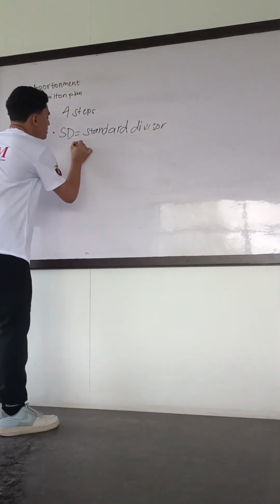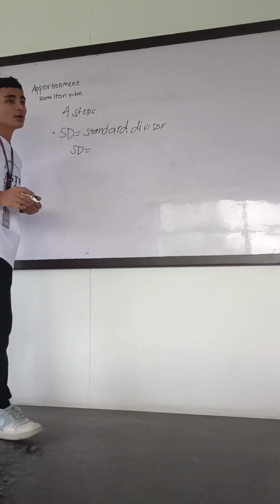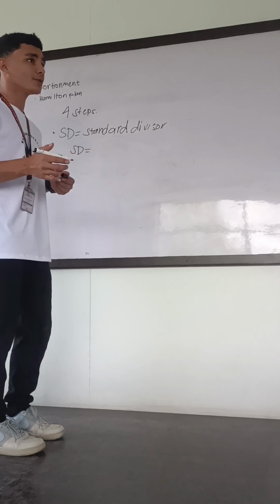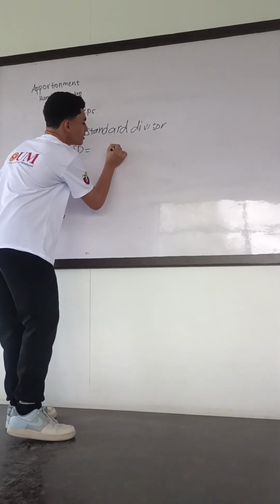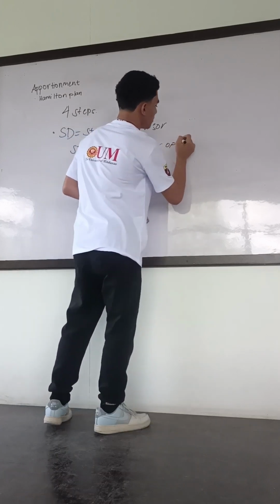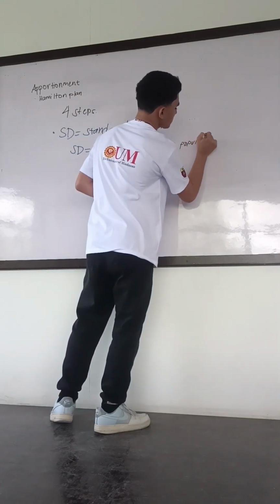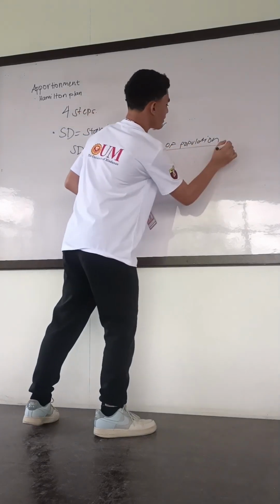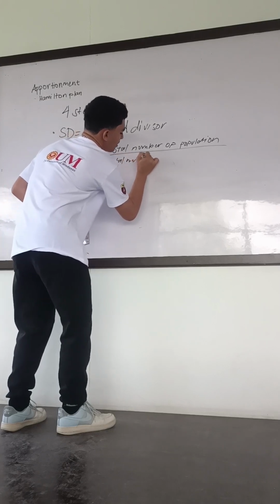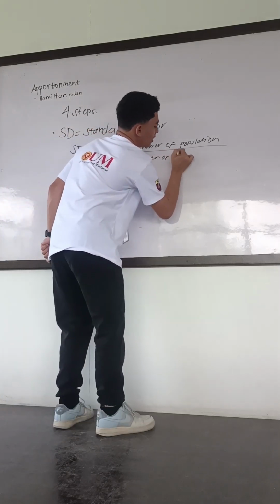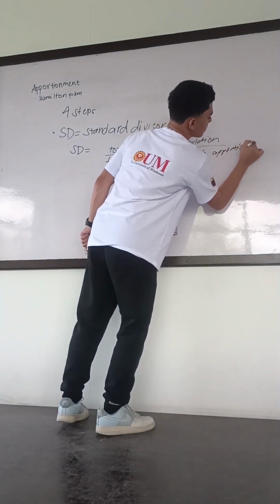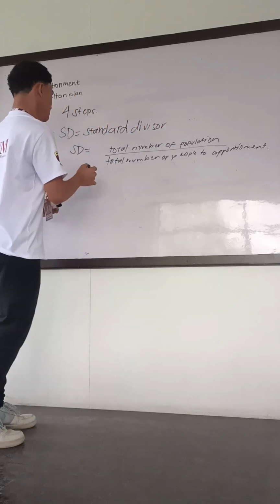In order for us to get the standard divisor, we must read the problem and get the total number of population over the total number of people to apportion.